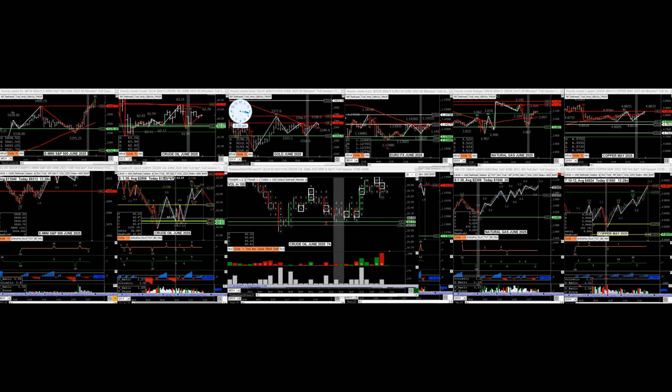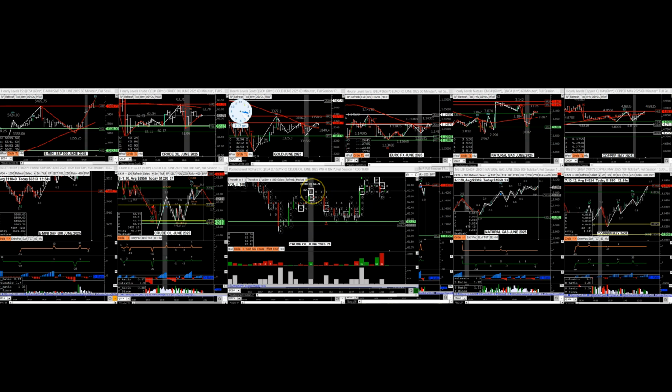You have more volume and less price movement. Again, more volume, less price movement is going to be an indication of effort reward, which is a manifestation of accumulation. So as it pulls back, we're going to look for that.